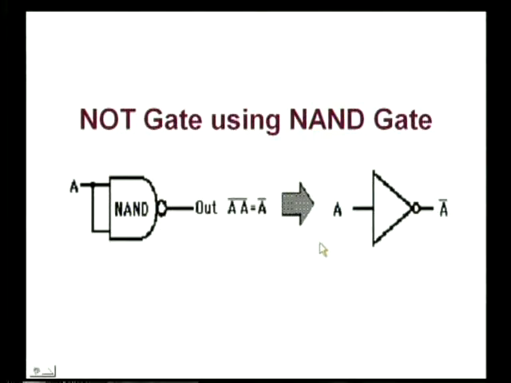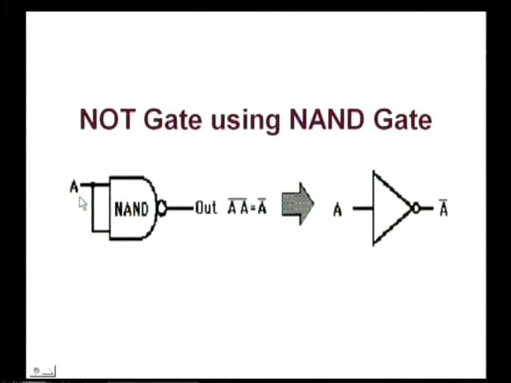But as you know, the inverter has only one input, whereas a NAND gate requires at least two. So, to produce a single input from the two inputs, we short one terminal to the second and apply a single input A to the NAND gate.